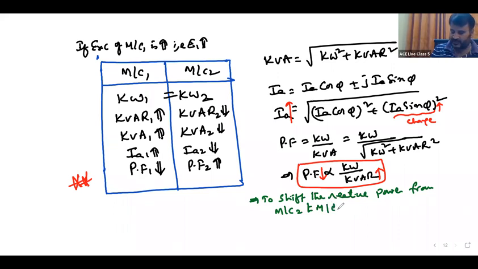Increase the excitation of machine 1. The over-excited machine will take more reactive power. When excitation is increased, it will take more reactive power. Okay? Next. These are itself direct objective questions on this table.